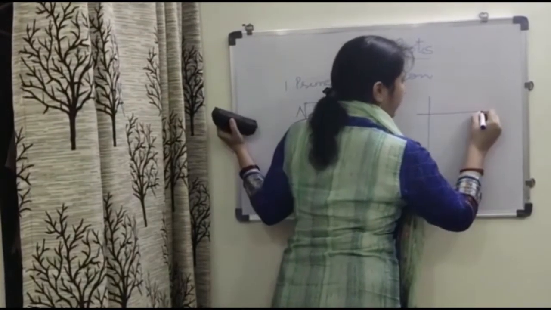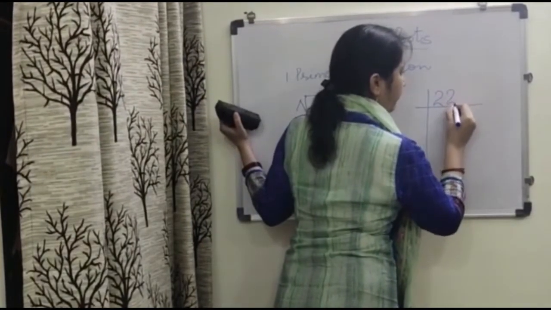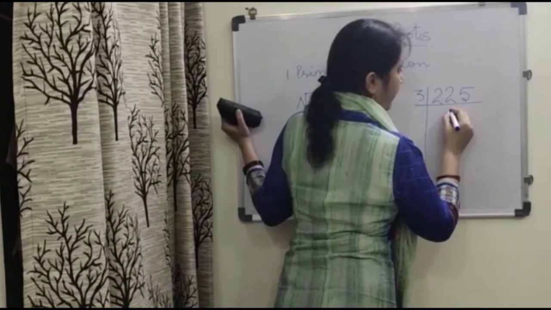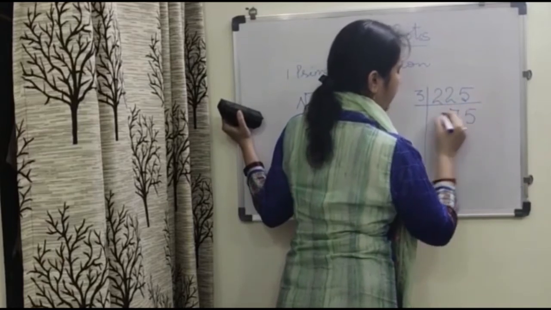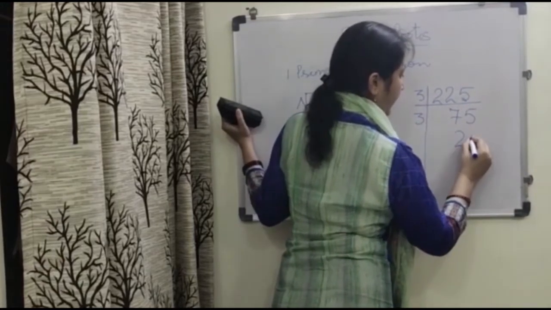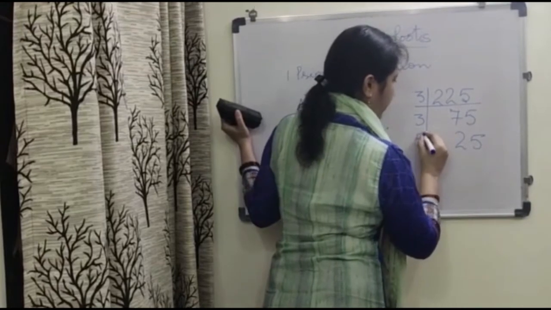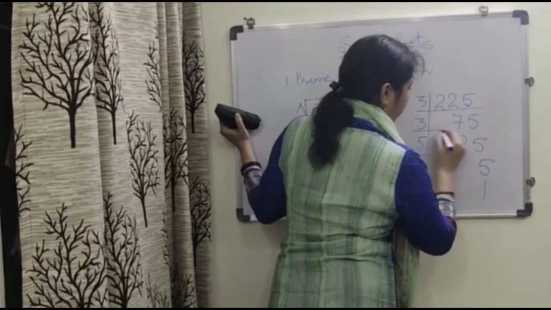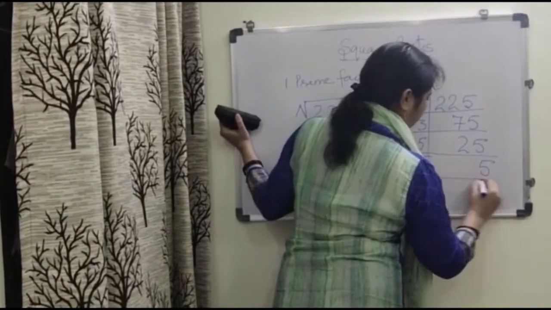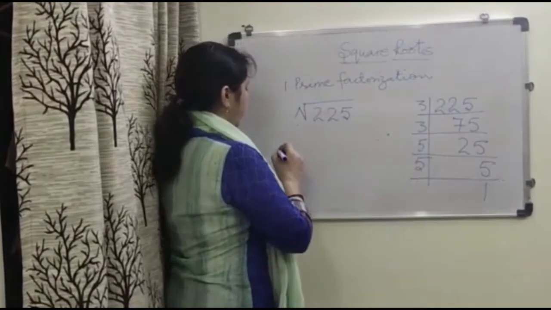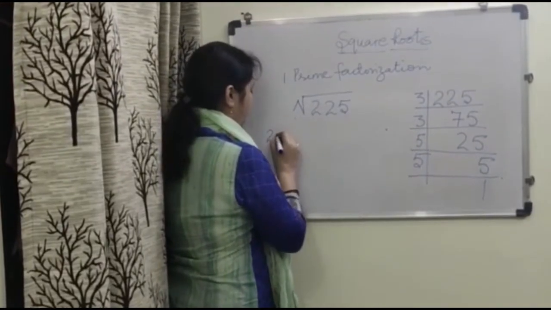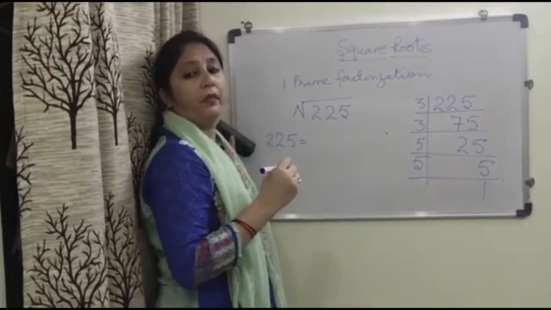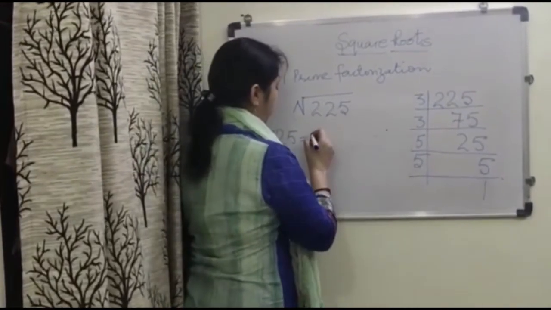Prime factorization of 225: by 3, it's 75, again by 3, it's 25, by 5 it is 5, and again by 5 it is 1. So here is the prime factorization of 225. Children, first of all, without any root sign, we will express the number as the product of its prime factors.